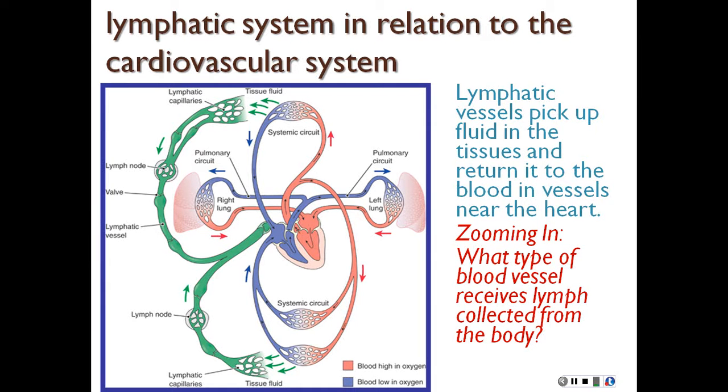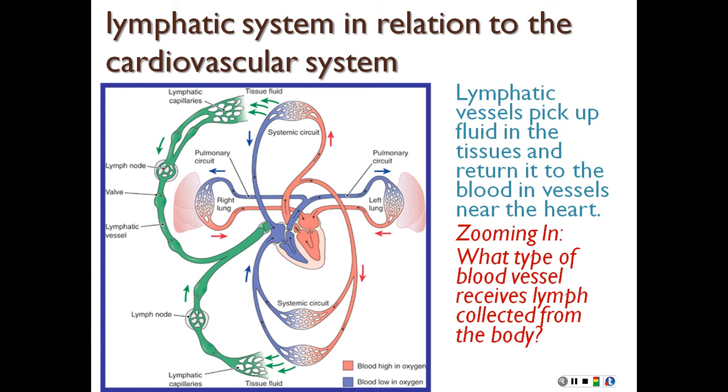Okay? Now, the lymphatic system has vessels and capillaries as well. The lymphatic capillaries are responsible for absorbing some of the interstitial fluid. So what actually becomes lymph is interstitial fluid. Okay, so it's kind of a sample of the fluid in your tissues that is picked up by the lymphatic capillaries, and that fluid is going to be returned to the circulatory system.